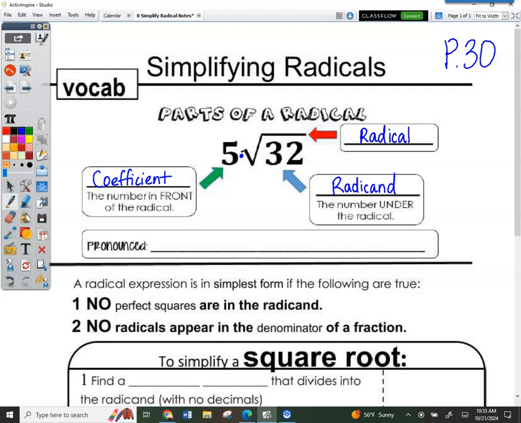There is an understood 2 here. This is understood, meaning you will never see the 2 written. We say square root because we are saying to ourselves, go back to that visual of the squares with the dots.